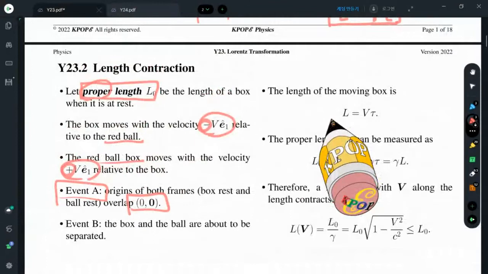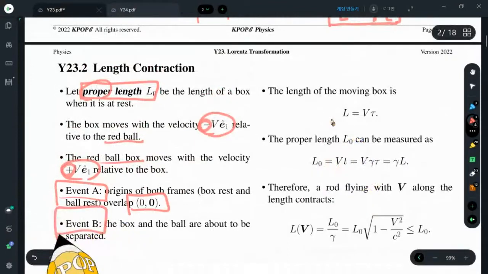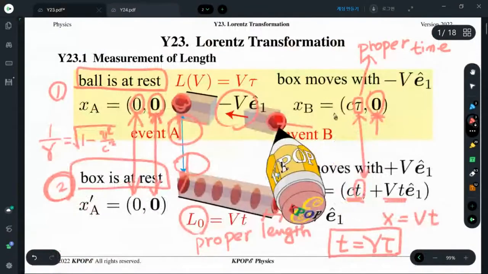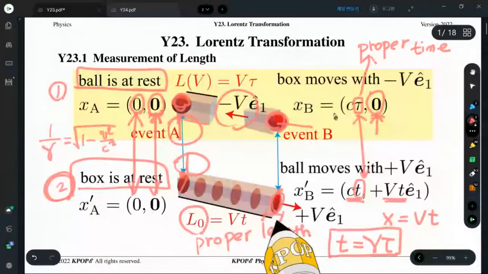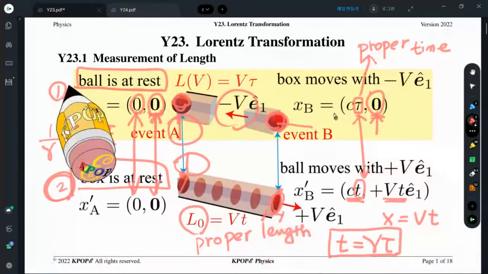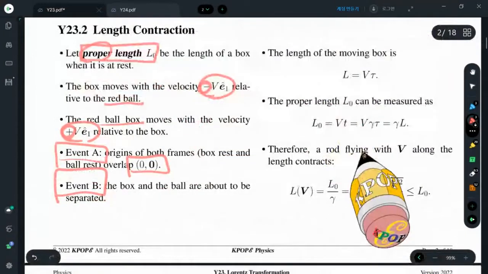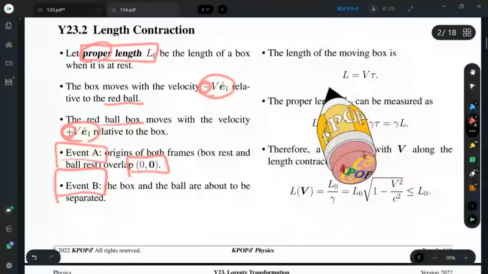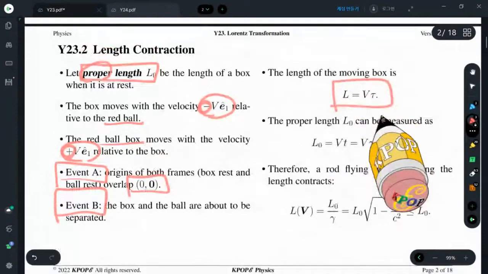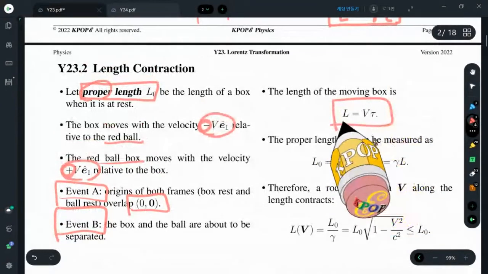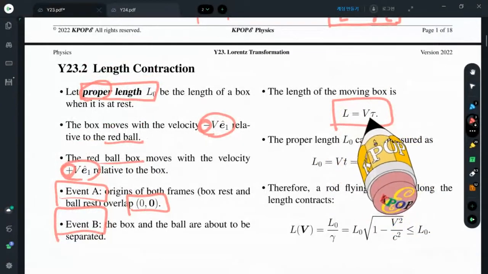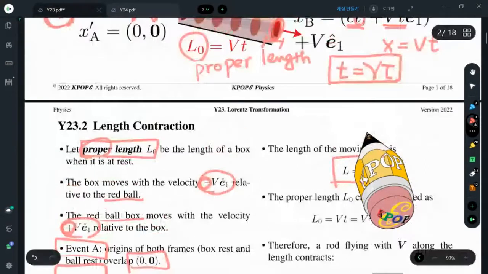And then we measured event B, when the ball leaves the box, in these two different frames. The length of a moving box, what should I do? L equals v tau.